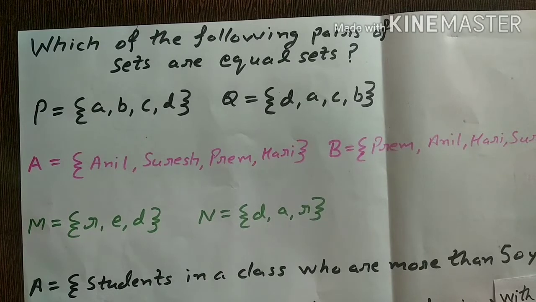involves the members A, B, C, D and set Q has D, A, C, B. We know that if the members in a set are written, they can be written in any order.